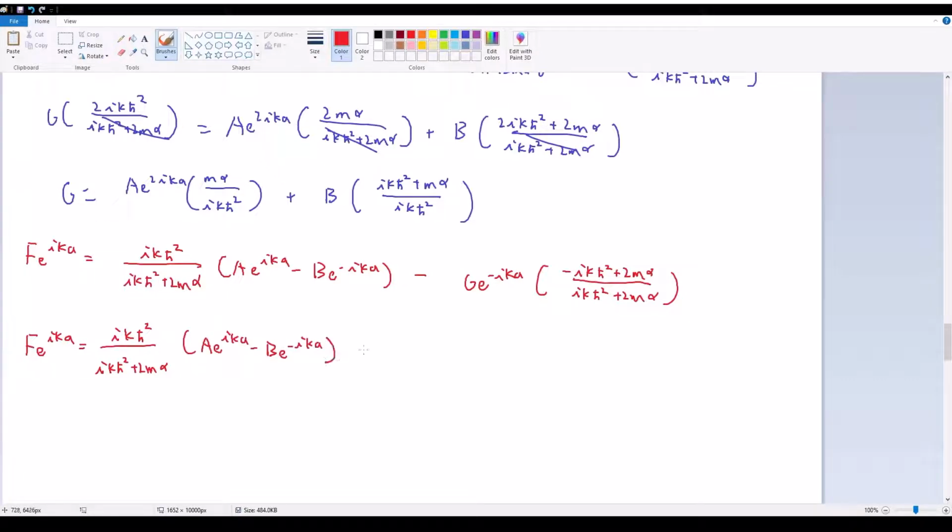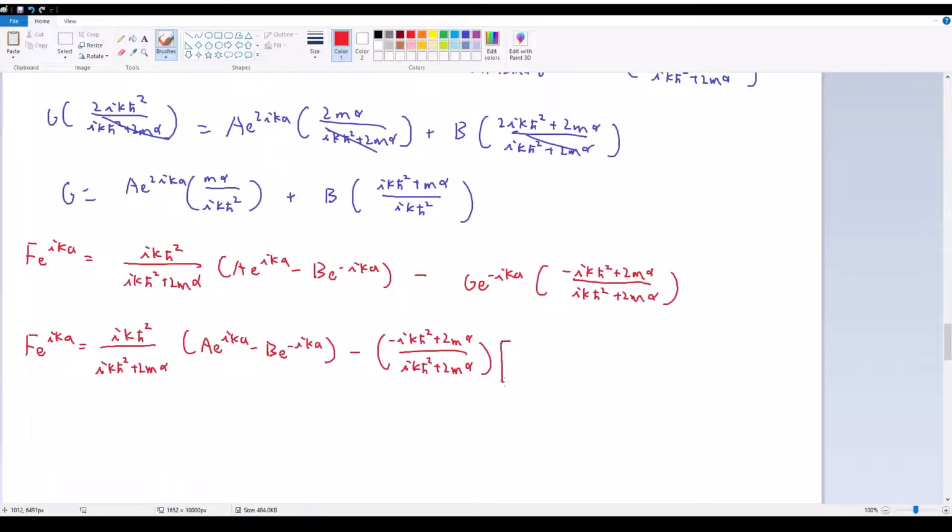And then we're subtracting, this time, negative ik h bar squared plus 2m alpha over ik h bar squared plus 2m alpha, and then g e to the negative ika. So I'm going to just put the e to the negative ika into everything.